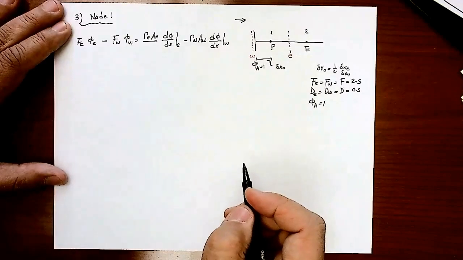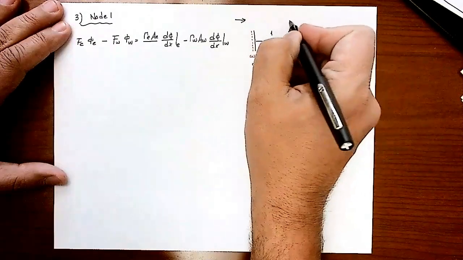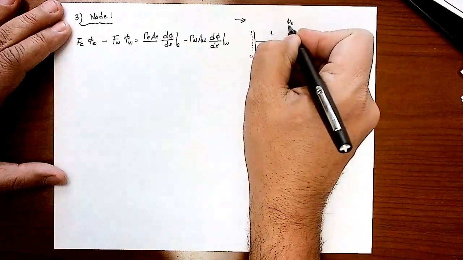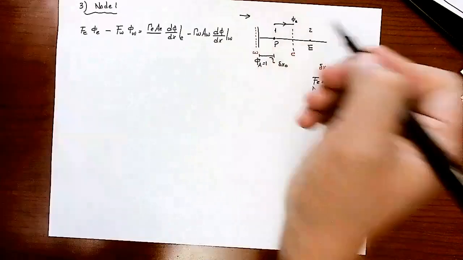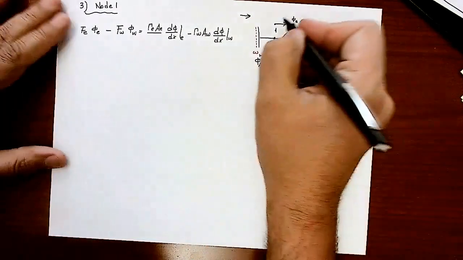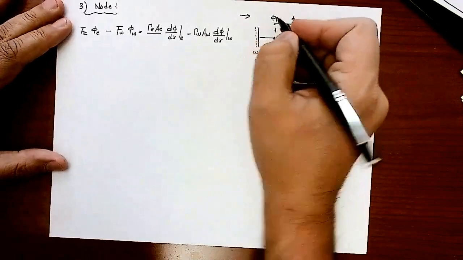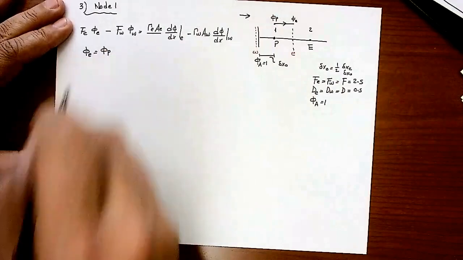Okay, we are using the upwind differencing scheme, right? So the flow is coming this way. If this is my phi east, so this is a flow, right? That's phi P. So phi east is simply equal phi P.